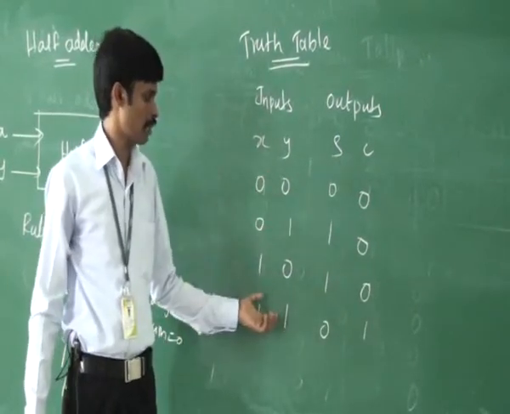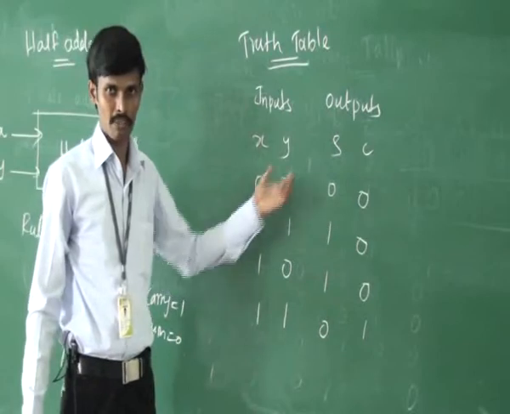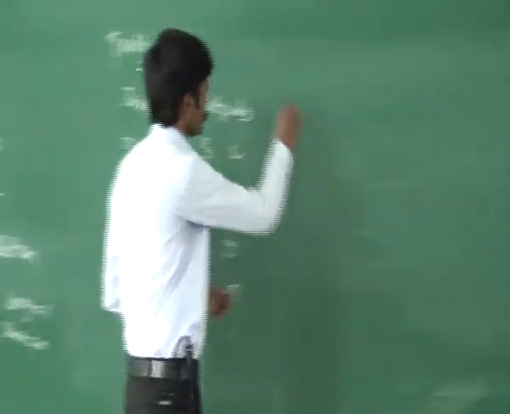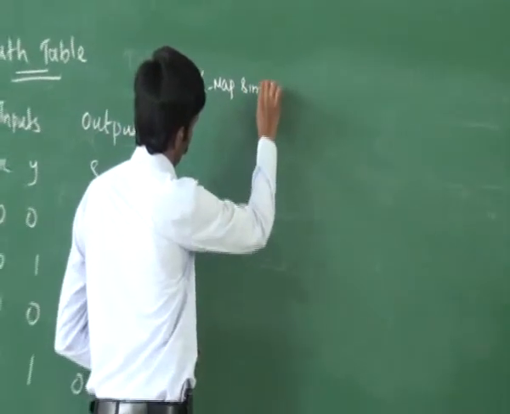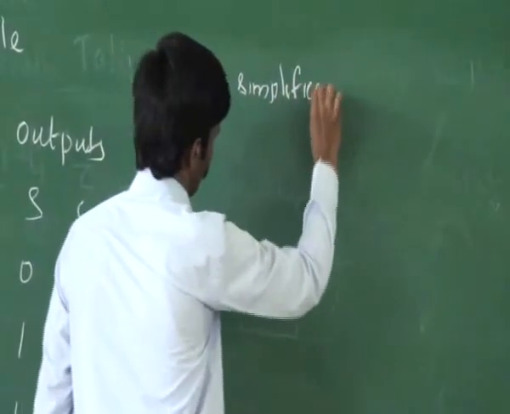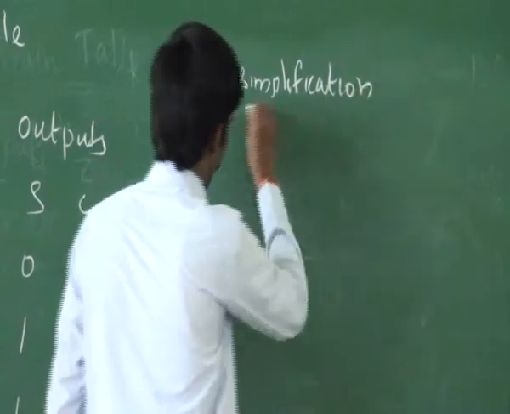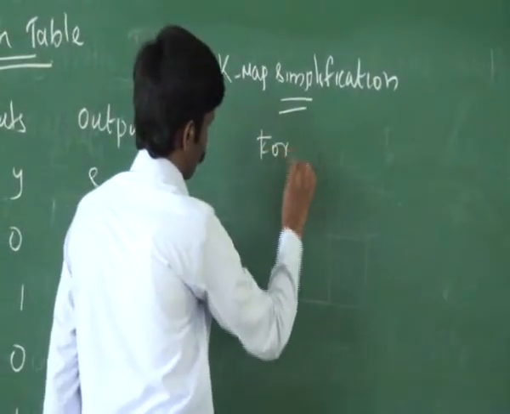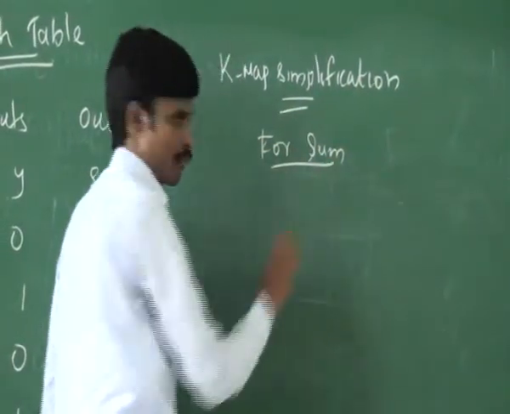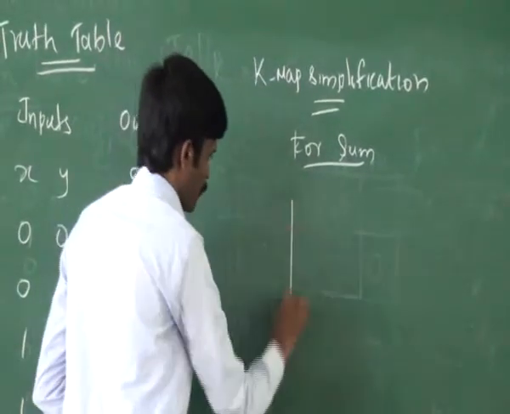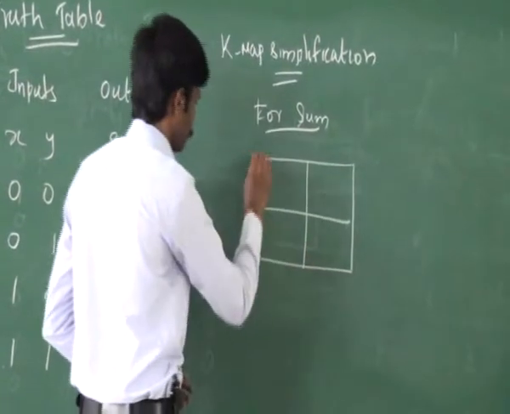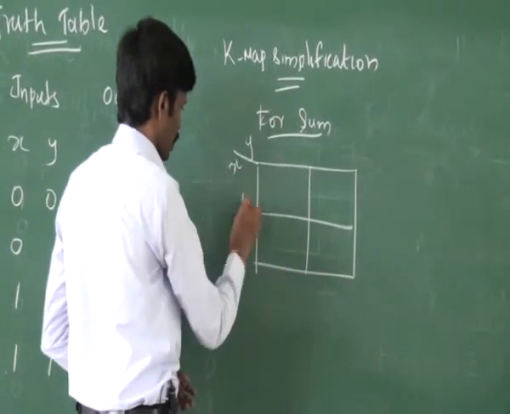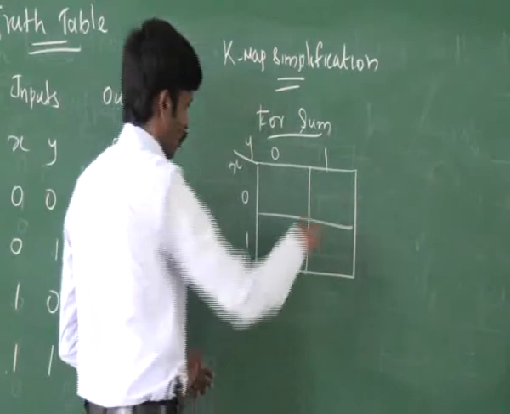Then from this truth table let us derive the Boolean expression for sum and carry. First one for sum. Here we have two inputs, so we need a two variable K map. X, y are the inputs, x may be 0 or 1, y may be 0 or 1.